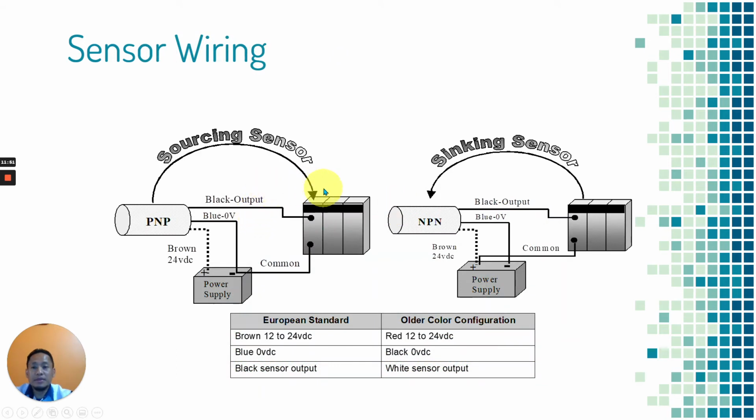And this is the sensor wiring. As you studied before, for the transistor, for example, they are either PNP or NPN. So it also depends on the common, either they are using a common negative, as shown here, or common positive.